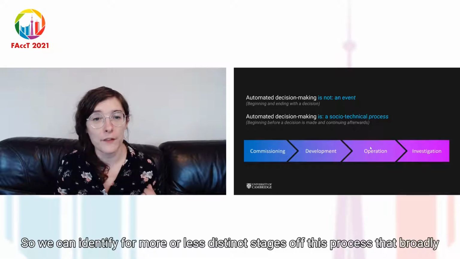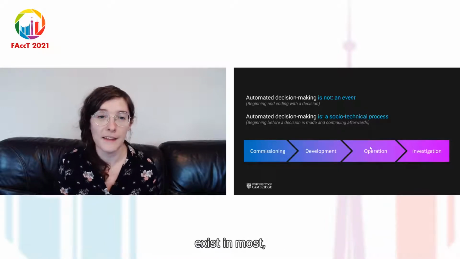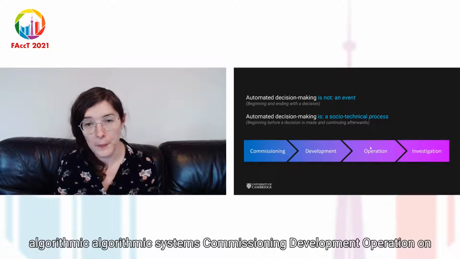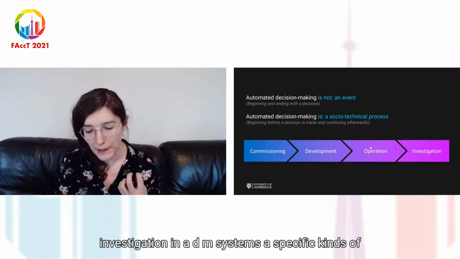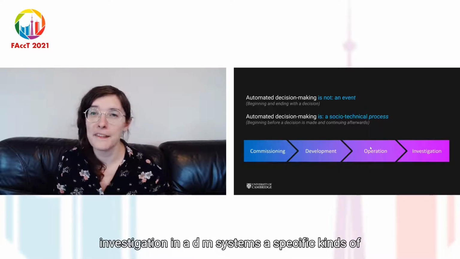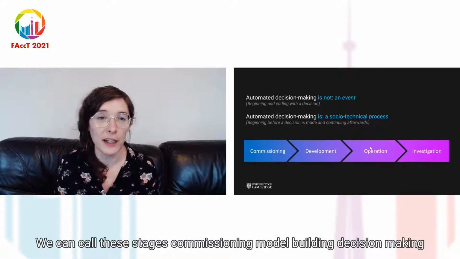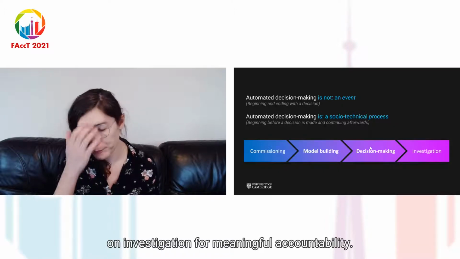So we can identify 4 more or less distinct stages of this process that broadly exist in most, if not all, algorithmic systems: commissioning, development, operation, and investigation. In ADM systems, a specific kind of algorithmic system, we can call these stages commissioning, model building, decision-making, and investigation.